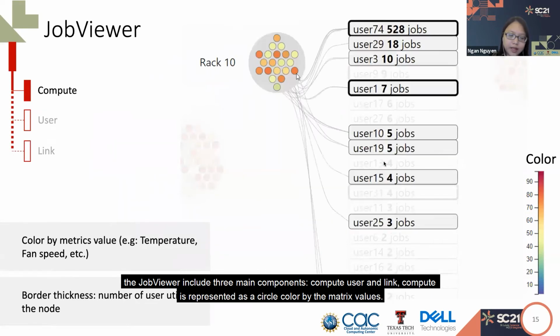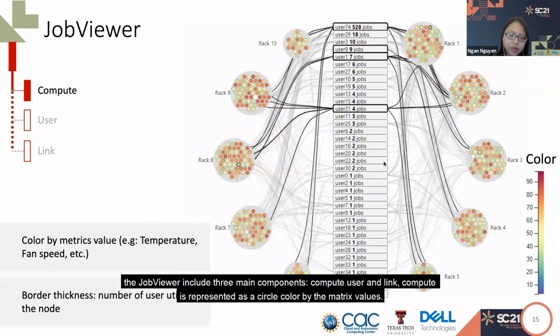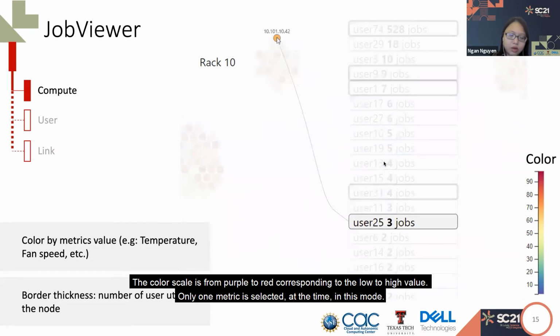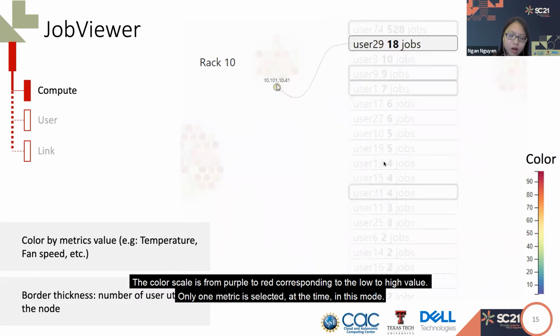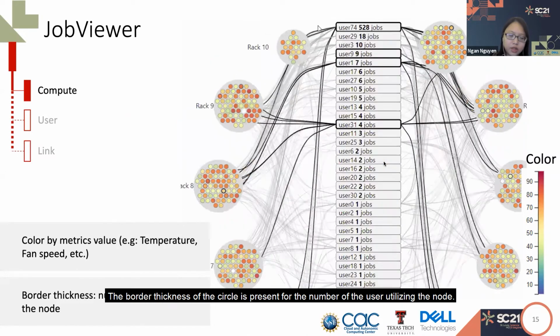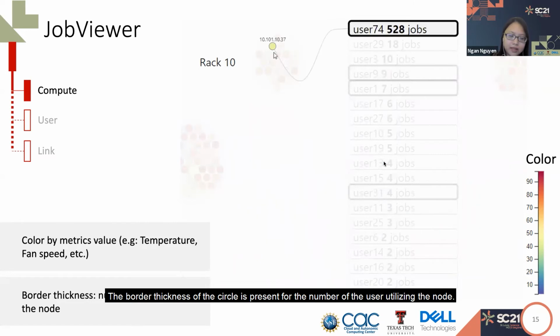Compute is represented as a circle colored by the metric values. The color scale is from purple to red, corresponding to low to high values. Only one metric is selected at a time in this mode. The border thickness of the circle represents the number of users utilizing the node.